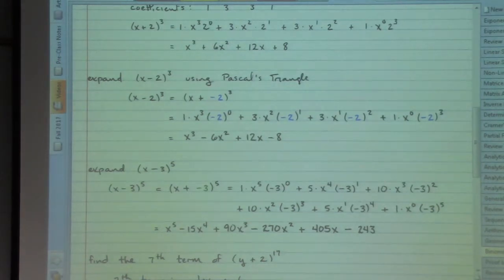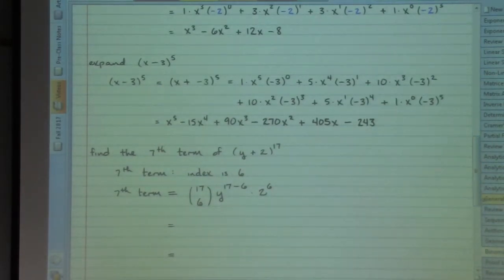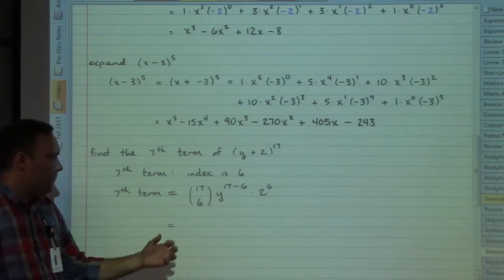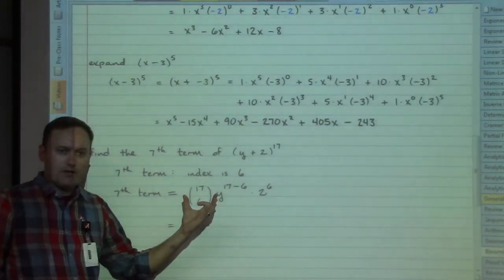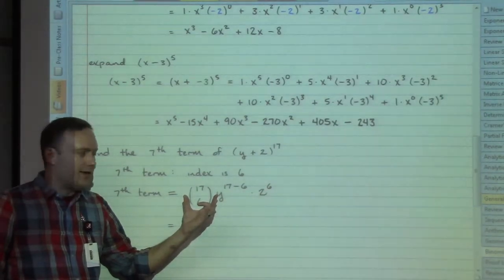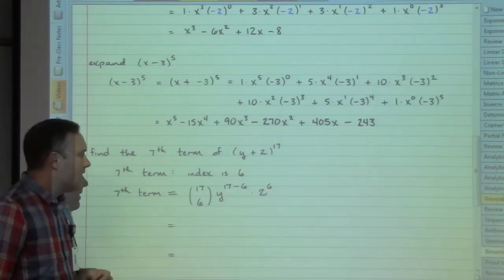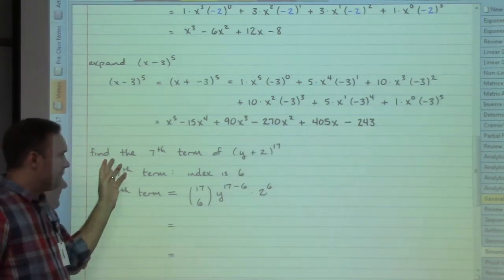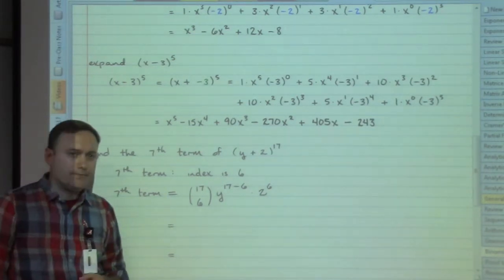Pascal's triangle. Let's look at something that is going to rely on that combination formula that we had, so that we would have to figure out, using that combination formula or with the assistance of our calculator, what's going on here. So this has already begun, but to come back to the original problem here, we want the 7th term.